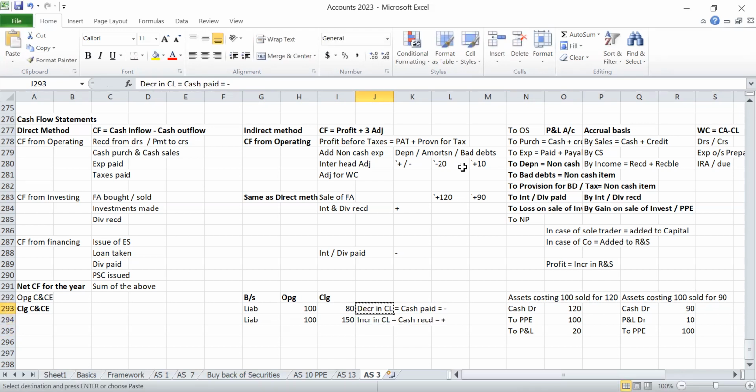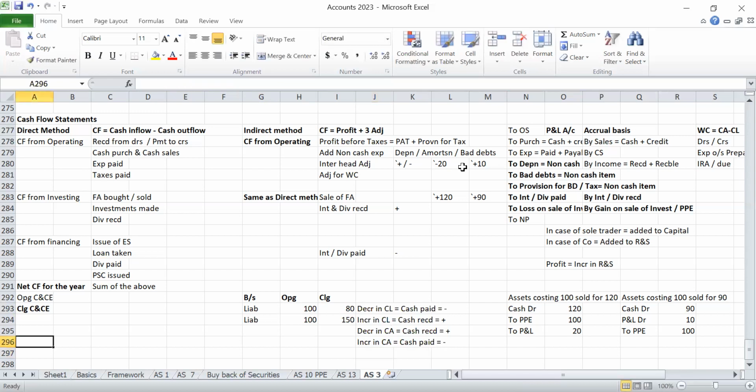A decrease in current liability is cash paid, minus. So a decrease in current liability is cash paid. A decrease in current asset is the opposite: cash received. Then an increase in current asset is cash paid, minus.